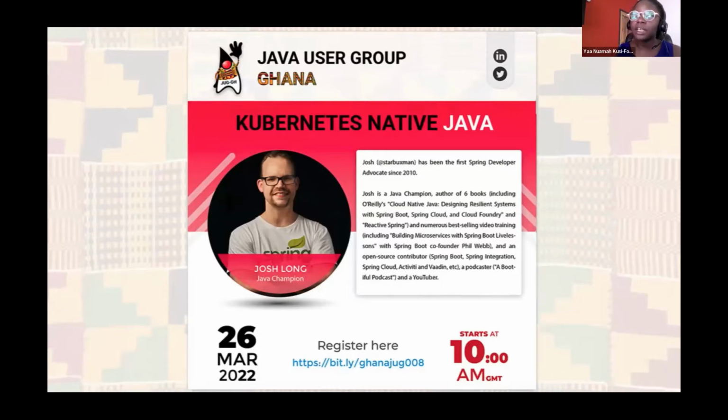This is going to be a very educative session where we learn more about Kubernetes native Java. So I would go ahead to give a brief introduction to who our guest speaker is. Our guest speaker is Josh Long. Josh Long is a very experienced contributor to the Java community in the world. He's a Java champion, and he's been the first Spring developer advocate since 2010.